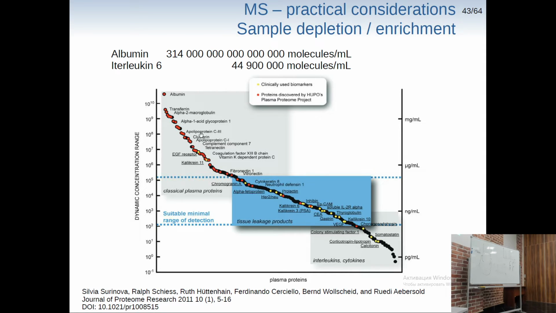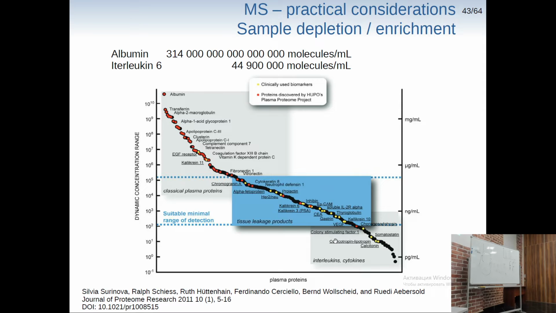The red ones are those easily discovered by the Human Proteome Project, for instance. Yellow ones are clinically used biomarkers, which are used routinely nowadays. And the black ones were discovered in some other articles. As you can see, the biomarkers mostly are in this low-range part.